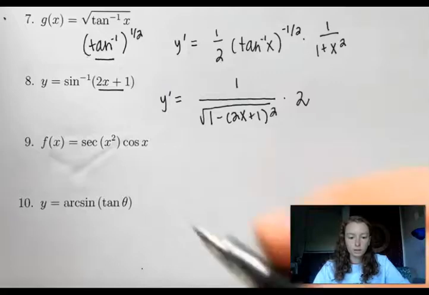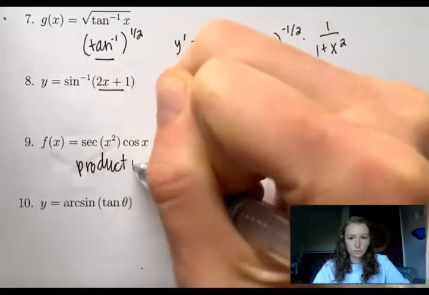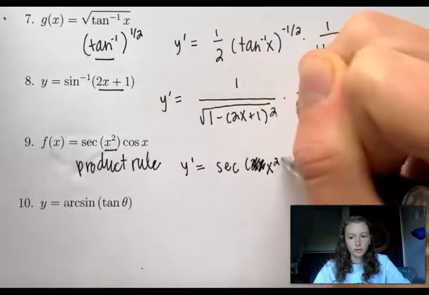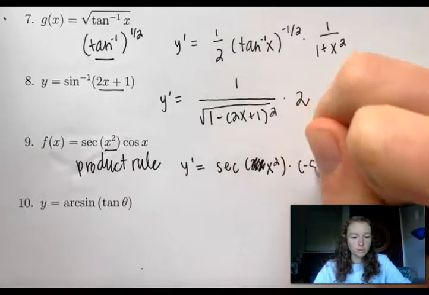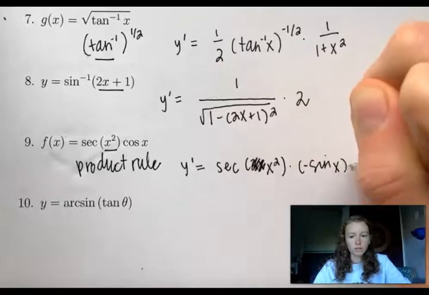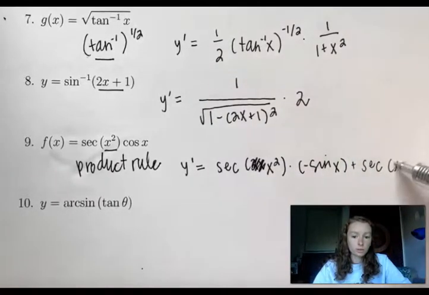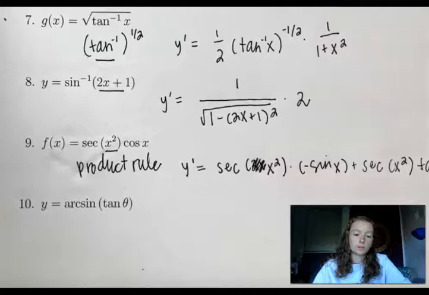So you keep the first function the same, so you write secant of x squared, and you'll notice I underline x squared because that'll make it a chain rule in the end, and then you multiply by the derivative of the second function, which is negative sine of x, and then you add the second function times the derivative of the first function.